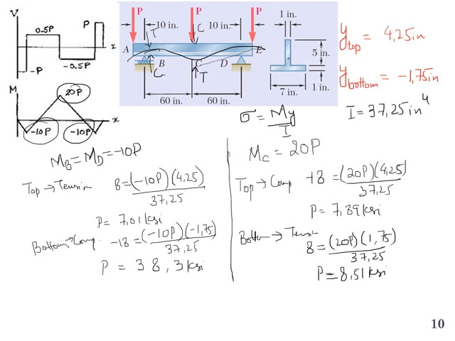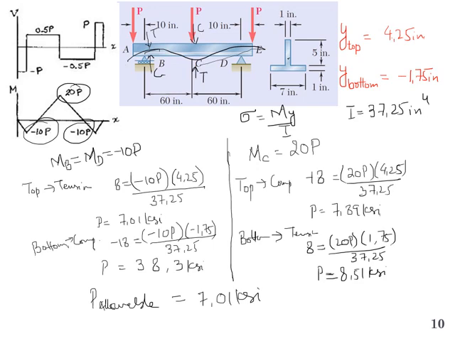Now, we will select the allowable P, which will be the smallest between them, so that is 7.01 KSI.